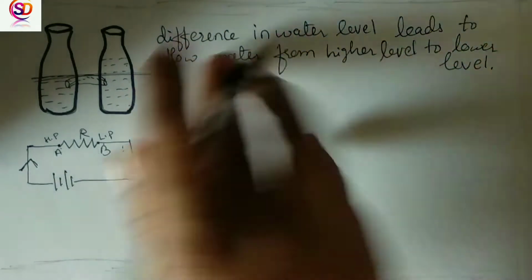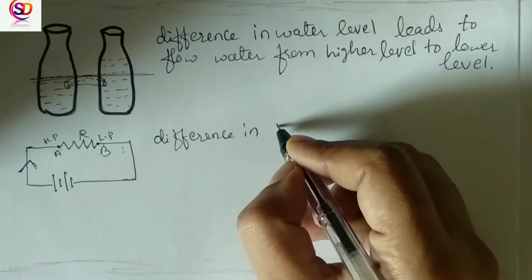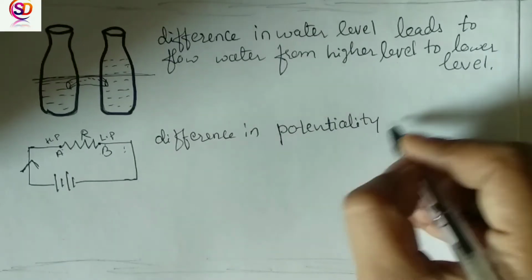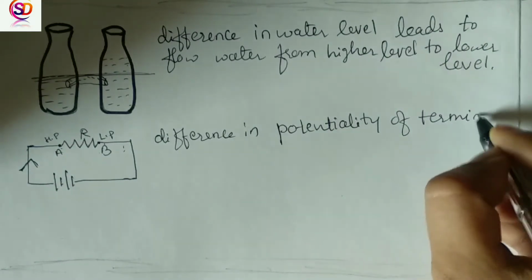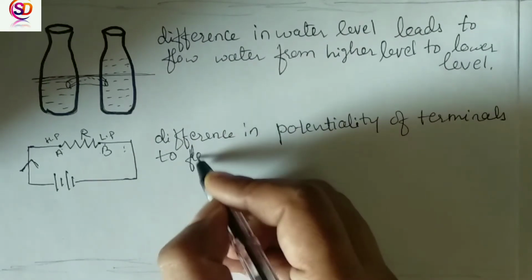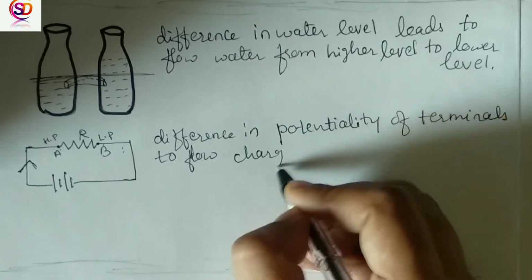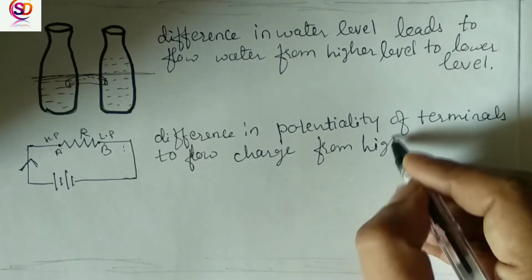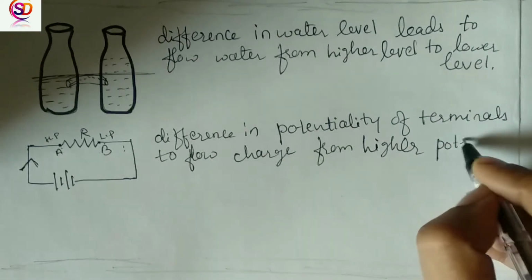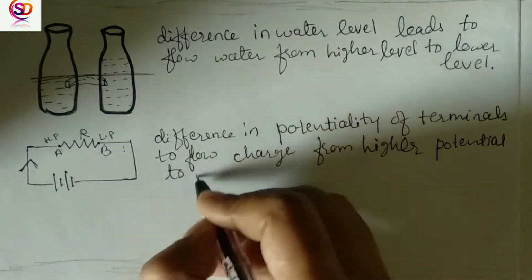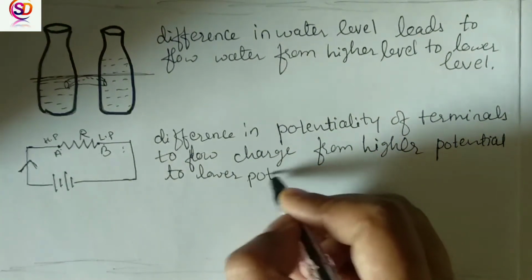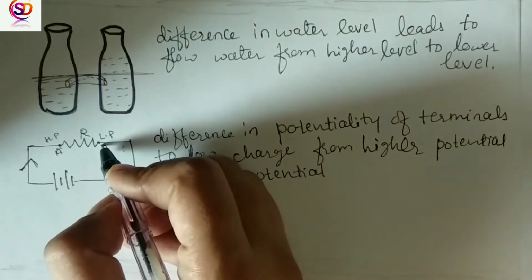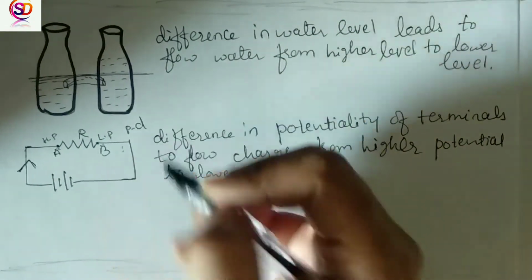If you modify this sentence to relate to the circuit, the difference in potential of the terminals leads charge to flow from higher potential to lower potential. That is the one concept. So the difference between these two potentials is known as potential difference.